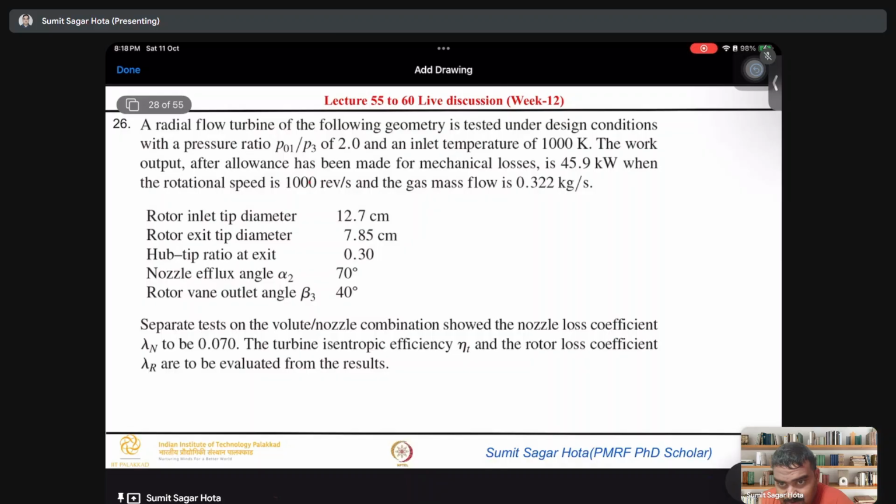The work output after the allowance has been made for mechanical losses is 45.9 kilowatt when the rotational speed is 1000 revolution per second and the gas mass flow rate is 0.322 kg per second.